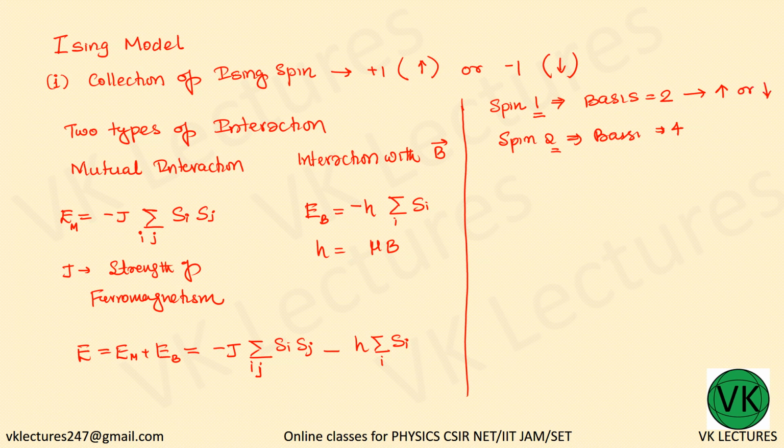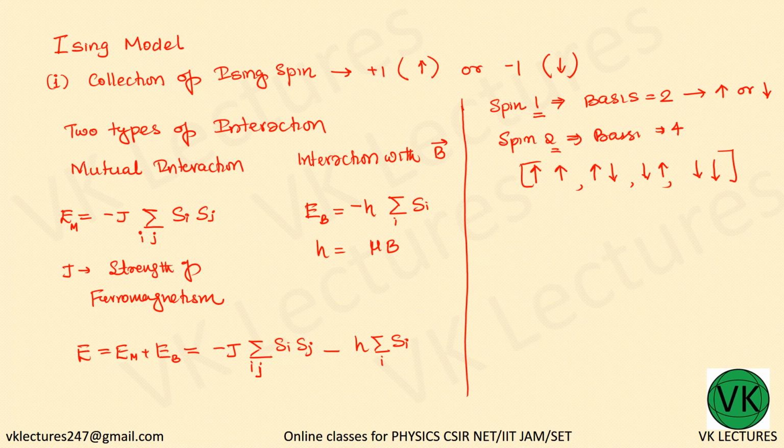When there are two spins, there are cases like both particles can be in the up state, or up and down state, or down and up state, or both can be in the down state. So these are the different possibilities for two Ising spin particles.